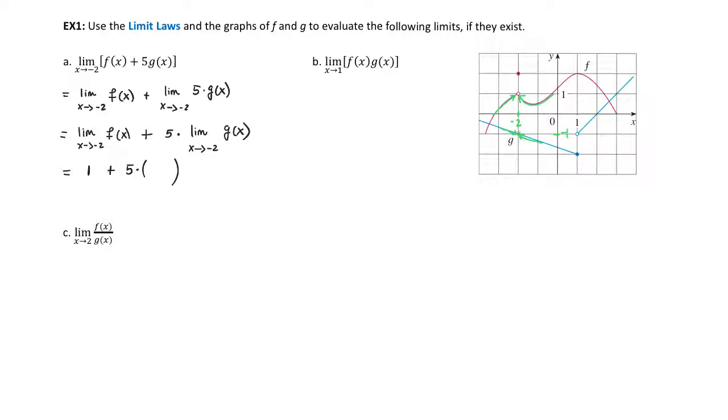I'm going to put a heavy dot over here. So the limit as x approaches -2 of g(x) seems to be -1. The y values are converging towards -1, so I'm going to write -1. Now simplifying, this is 1 minus 5, which is equal to -4. So the value of that limit is -4.